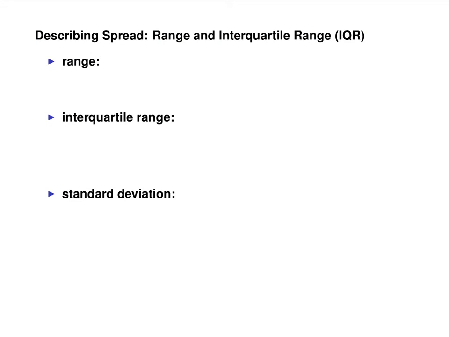When you have quantitative data, you might also want to talk about how spread out that data is. So the range is the highest value, or the maximum, minus the lowest value, or the minimum.